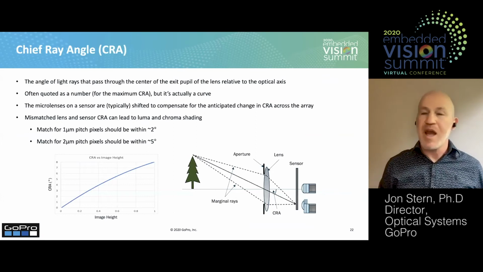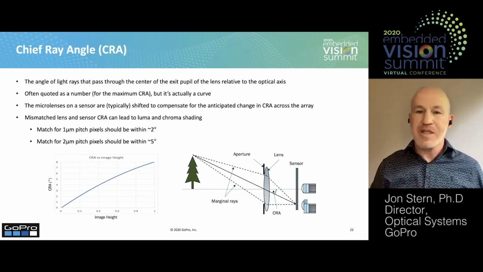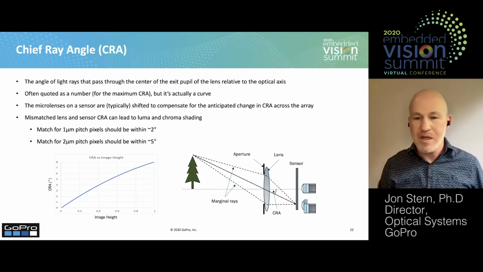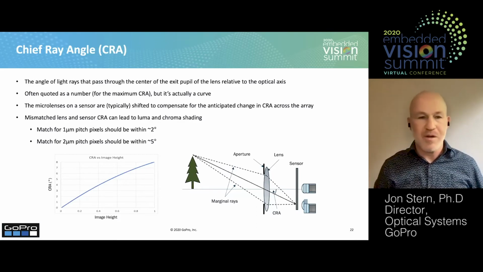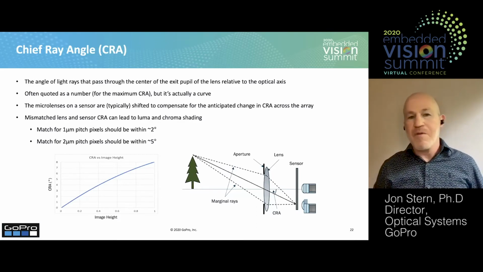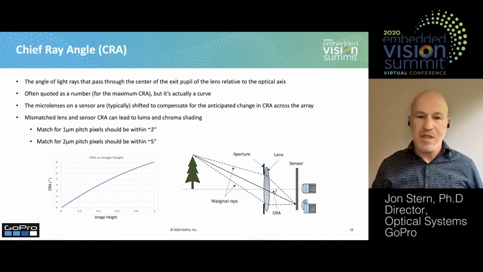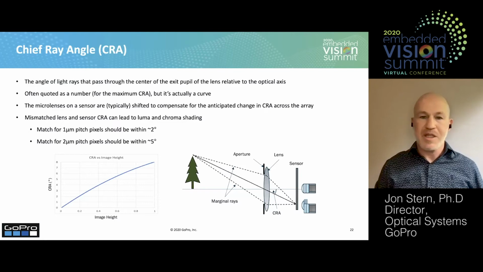Chief ray angle is the angle of light rays that pass through the center of the exit pupil of the lens relative to the optical axis. So you can see in the diagram with the tree, you've got some light coming from the top of the tree, passing through the center of the aperture, and then landing on the image sensor. Often you'll see CRA quoted as a single number, which will be the maximum CRA, but it's actually a curve.